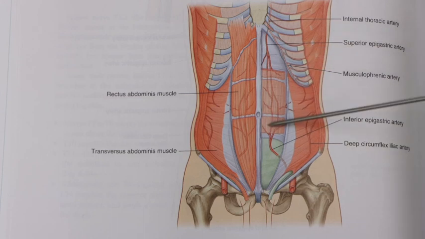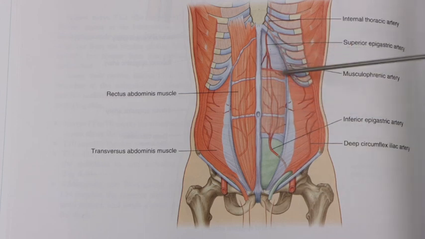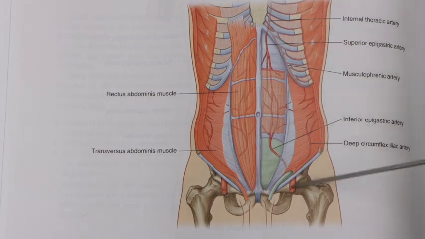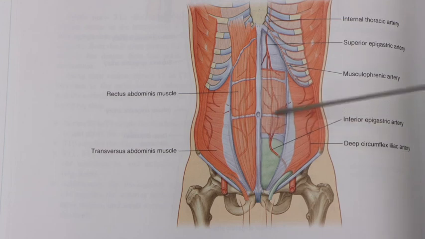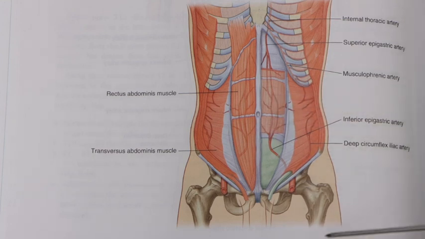They anastomose behind the rectus abdominis: the superior epigastric artery, a branch of the internal thoracic, and the inferior epigastric artery, a branch of the external iliac artery.